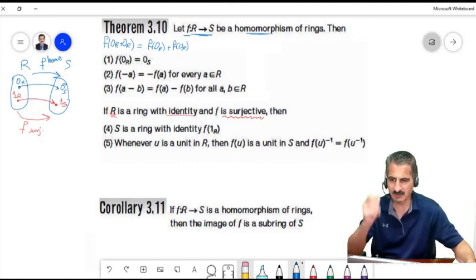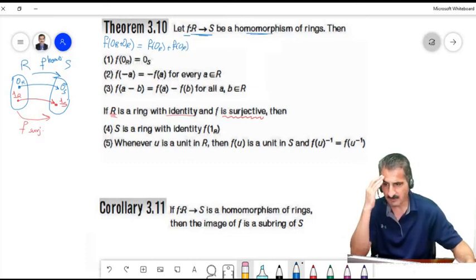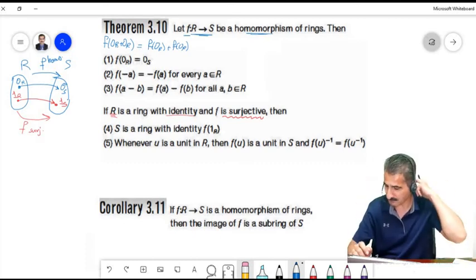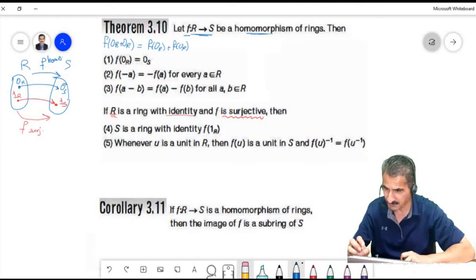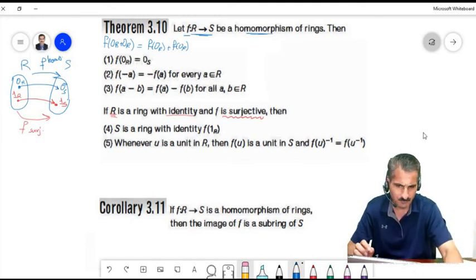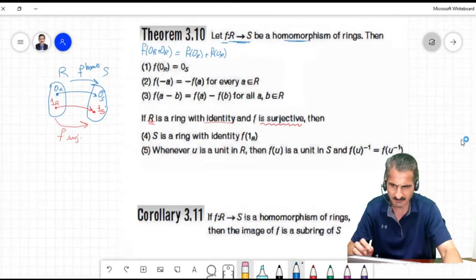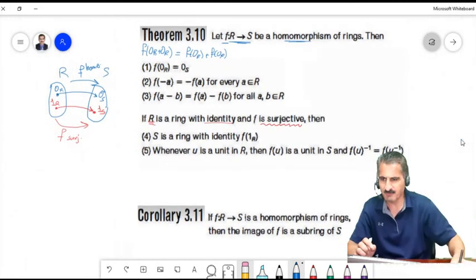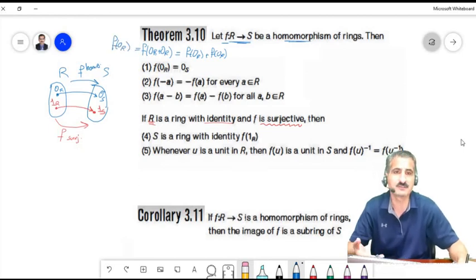Okay, now I need the space to the left. But going back here now, this was f of 0, right? Because 0 plus 0 is 0.